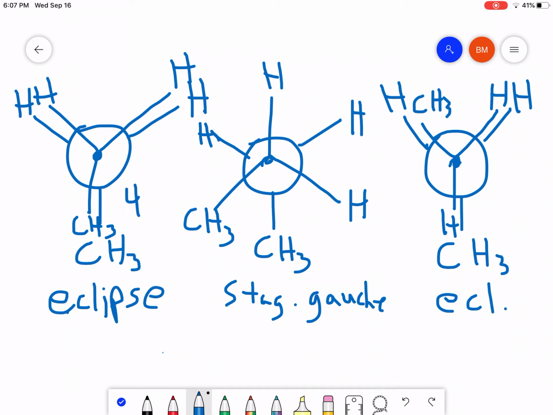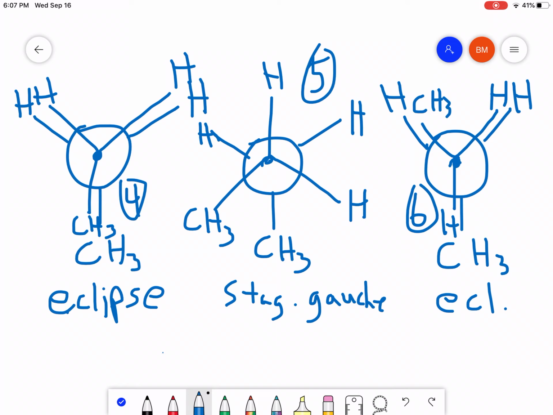And I'll label them 4, 5, and 6. Okay? Now, this introduces a new layer of instability that we can have, besides just torsional strain, right? You still have torsional strain every time you have an eclipse, but now we have to worry about something else.